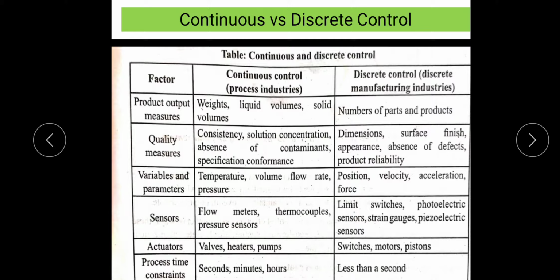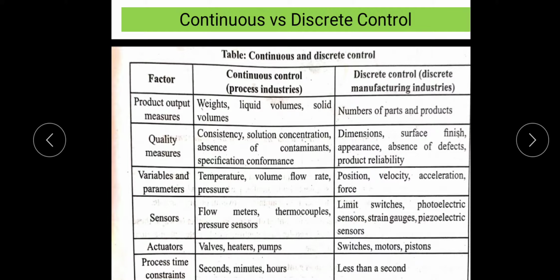And coming to the variables and parameters, in the continuous control process: temperature, volume, flow rate, and pressure. In discrete control: position, velocity, acceleration, and force. In sensors, continuous control system: flow meters, thermocouples, pressure sensors.